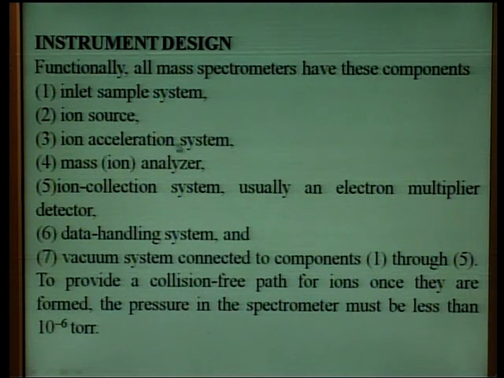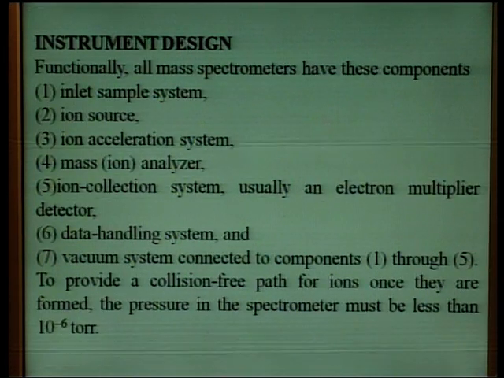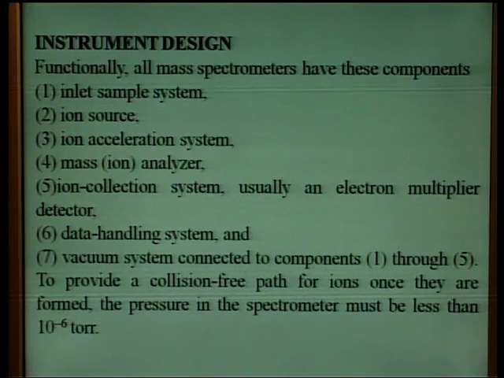Third, the ion acceleration system. Once the ions are formed, they are accelerated under electric fields. And then fourth, the analyzer. Once they gain the velocities, they are then entrapped by the analyzer, which produces the result.